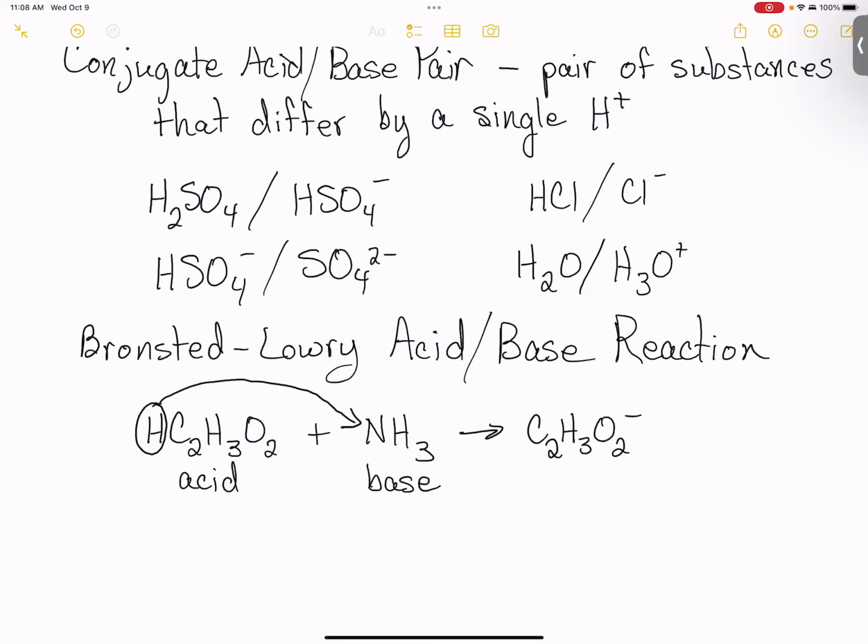In this reaction, the ammonia is a base, so it accepts a proton and becomes ammonium. Notice the proton carried with it its charge.